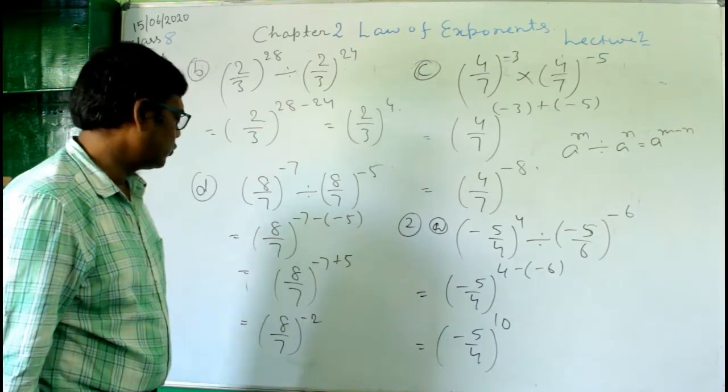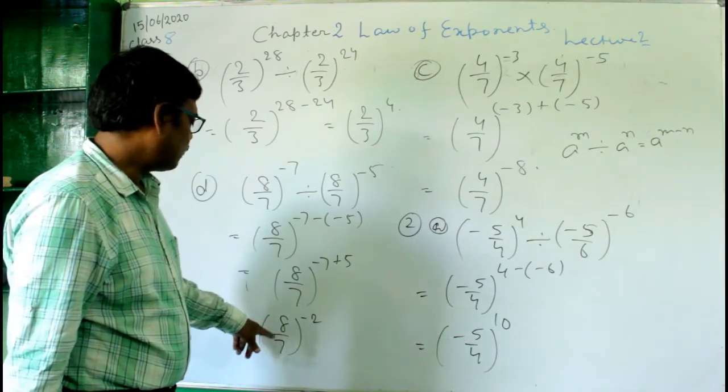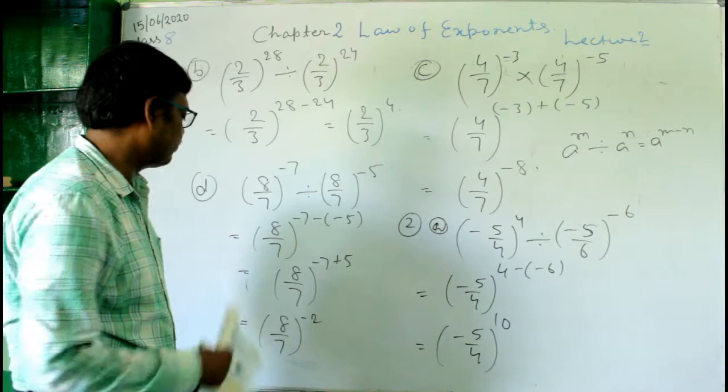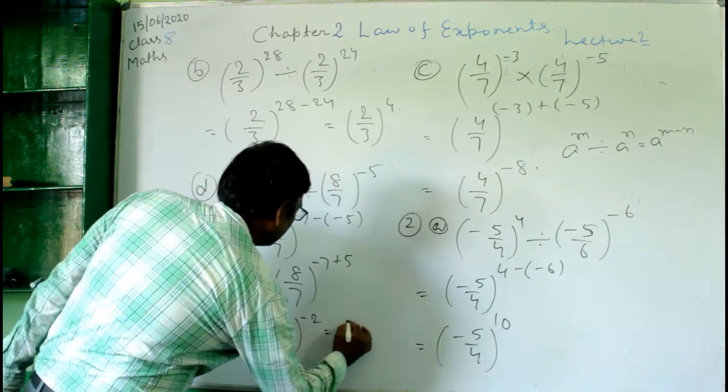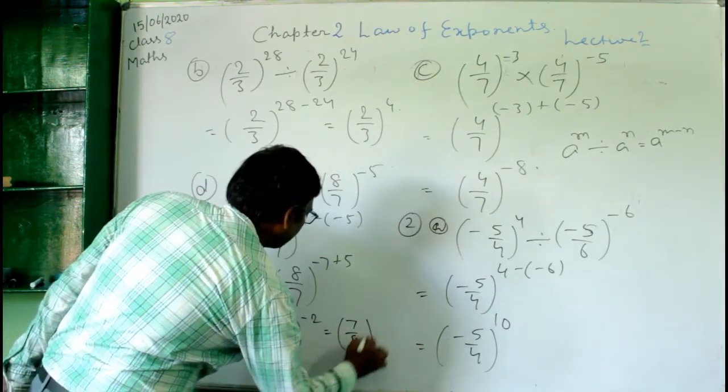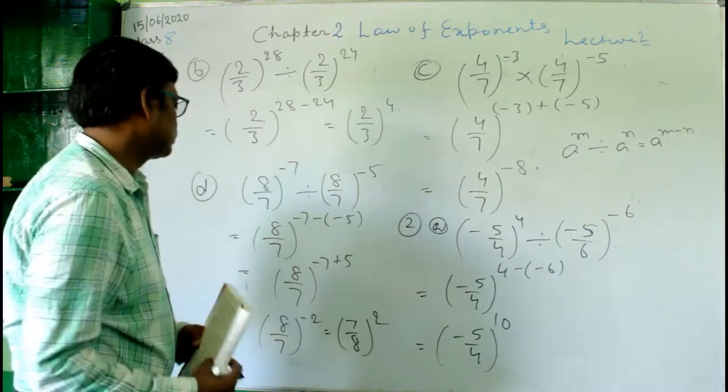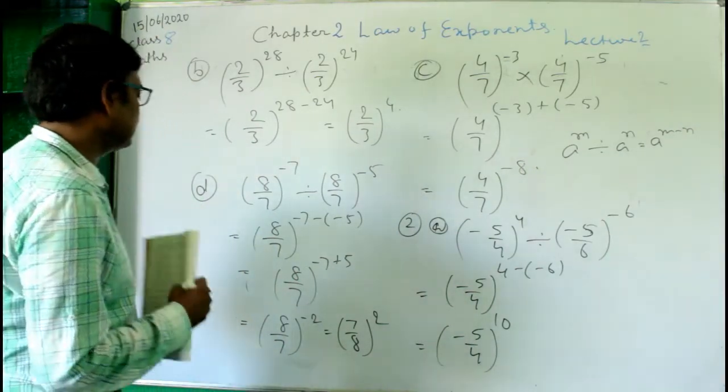So what would you do here? Just find the reciprocal of this, then it will be positive. It will be equal to (7/8)^2. So this is the answer in this case.